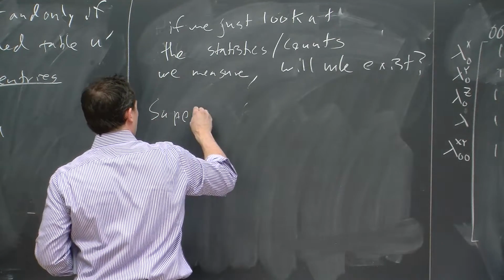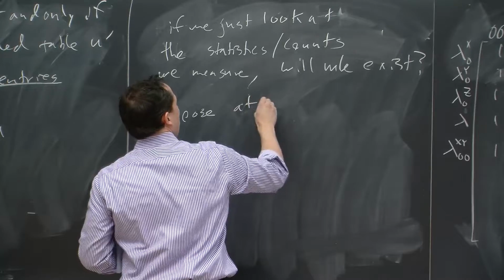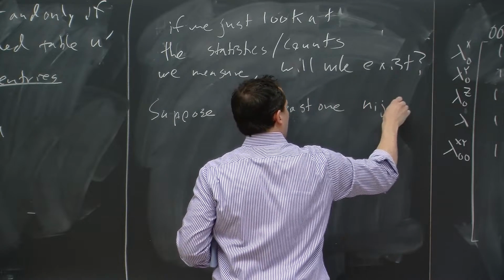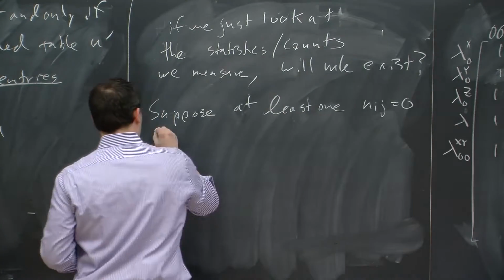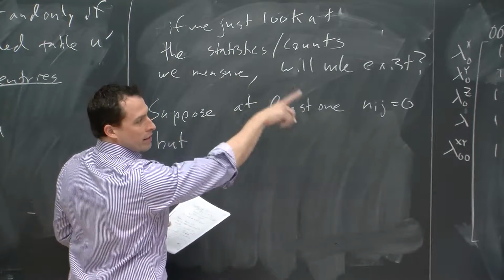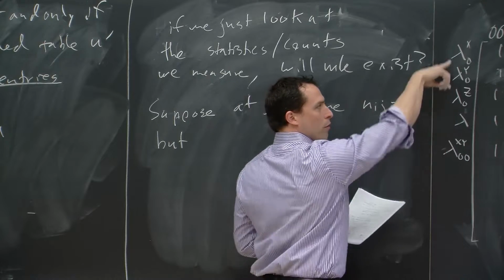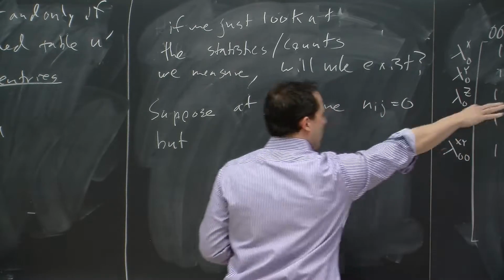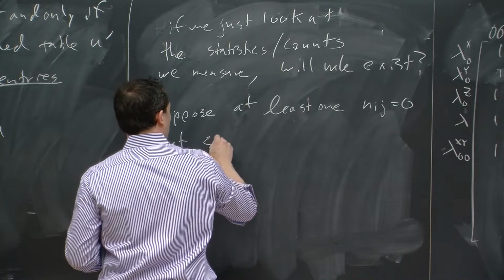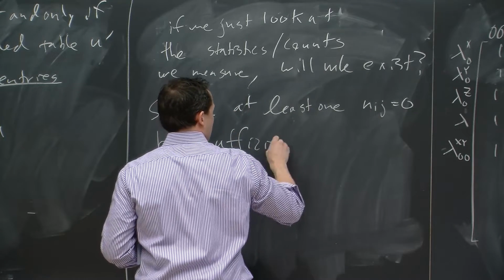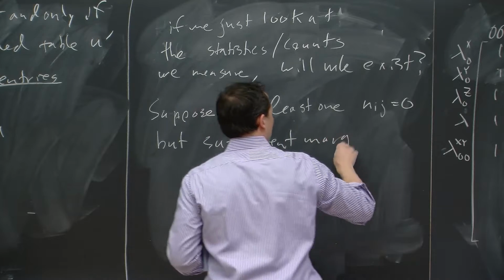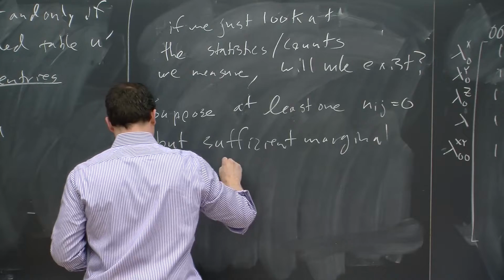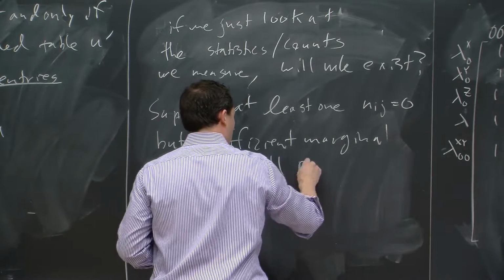Suppose at least one of the counts is 0, but all of the things we measure, the quantity I would get in each of these rows after I multiply the counts by this matrix, which are called the sufficient marginal counts, are all positive.